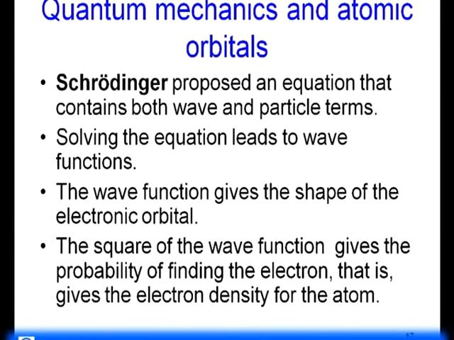Now, the improvement over Bohr's model was that Schrödinger realized that both wave behavior and particle behavior are displayed by electrons. So, you cannot describe electrons as either particles or as waves, and he devised a new equation based on both the properties, using the de Broglie principle also, and he wrote a wave equation, and this is the accepted form of the wave function.